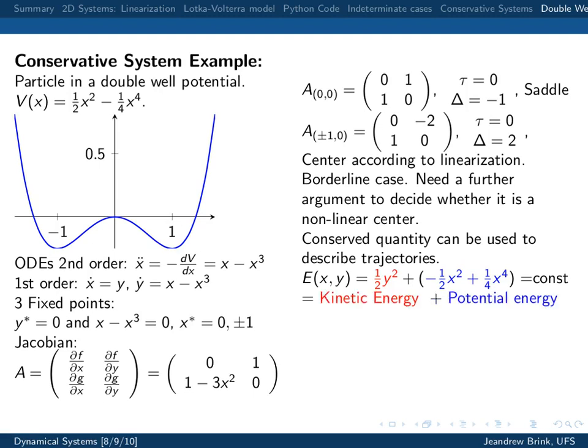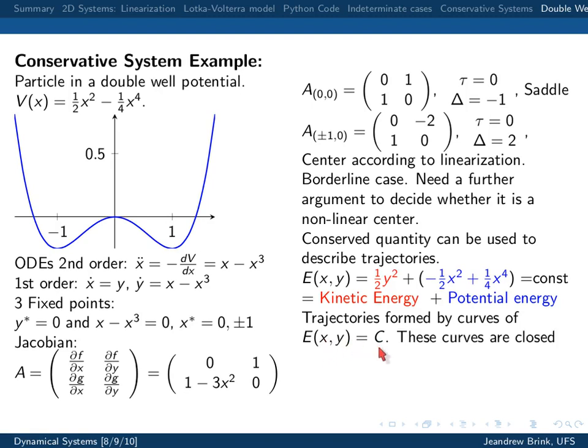And so it basically represents the kinetic energy plus the potential energy, and the trajectories are formed by curves of constant E, E of x and y equals c. And these curves are closed around the linear centers, and therefore the centers are nonlinear centers.